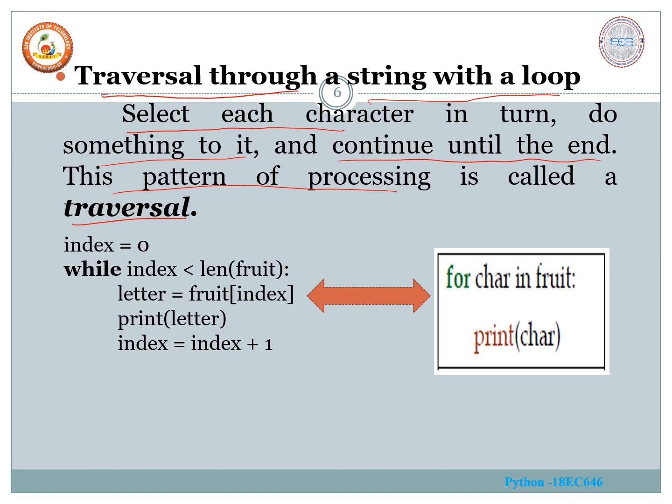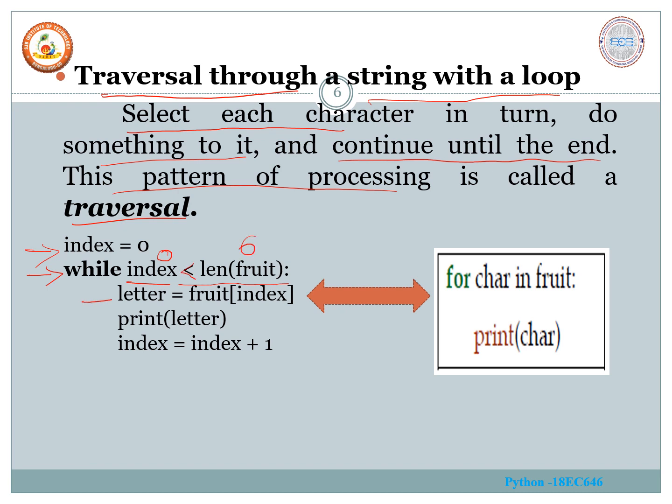Now consider this example. Here I have taken a variable with the name index, which is initialized to 0, and in the while loop you are checking whether the index is less than the length of the fruit. Since it is initialized to 0, definitely it is less than the length of the fruit, which is equal to 6.